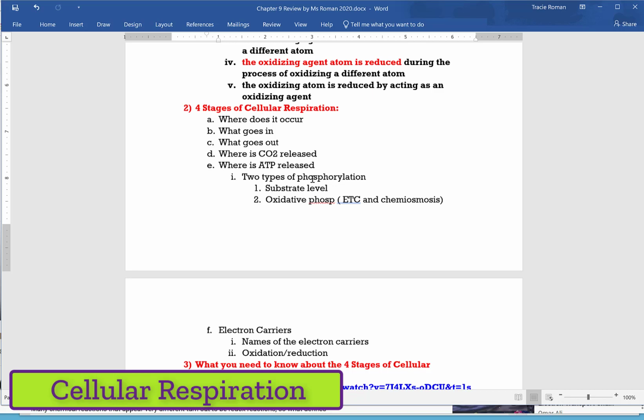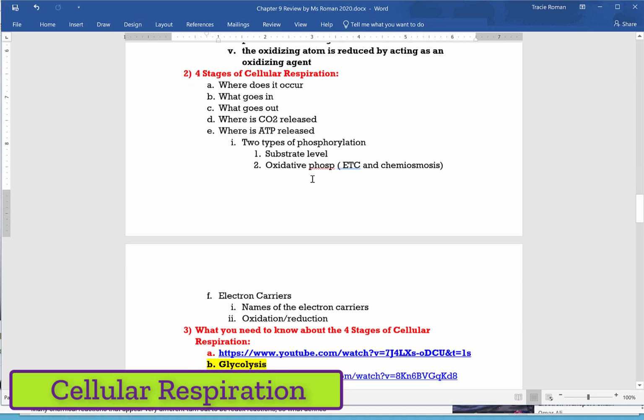What are the products? Is CO2 released? Is ATP produced? And are the electron carriers involved? That is what we will be looking for and paying attention to. Once you know all of those facts, then I can give you some ideas of how that can be an application question. But you have to learn the facts first.